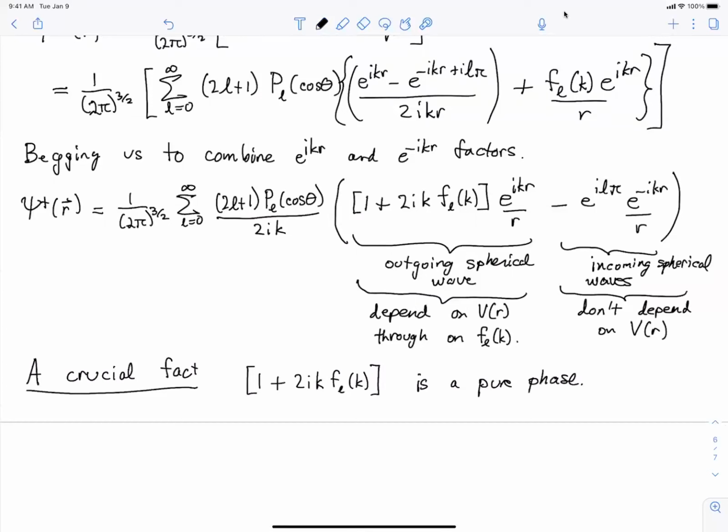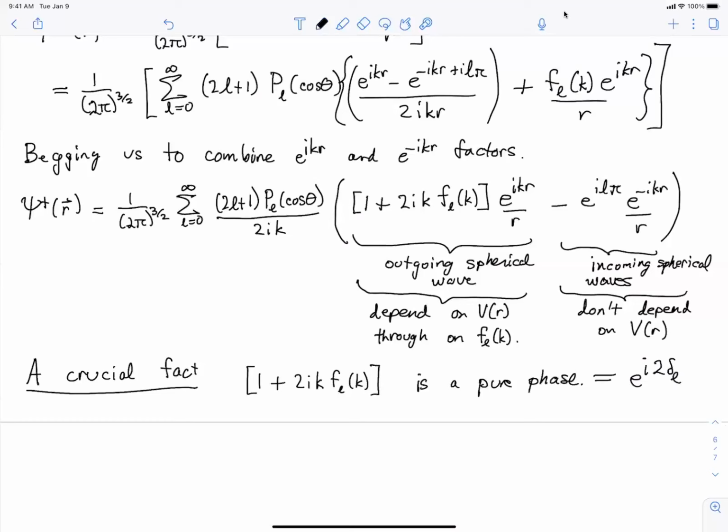Okay, and the fact that it's a pure phase, another way of saying that is you can write it as e to the i times some real number. And it's traditional to write that real number as what's called 2 times delta_l. Okay, so the 2 is just a historical convention that people agreed would be a good idea to put a factor of 2 there.